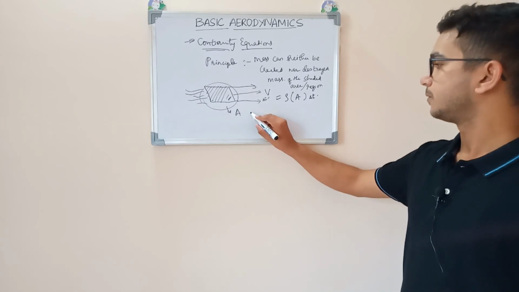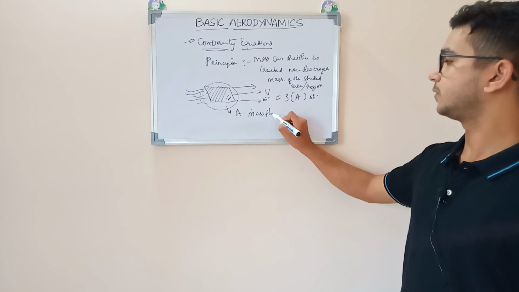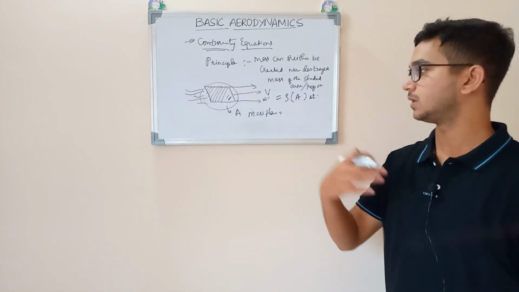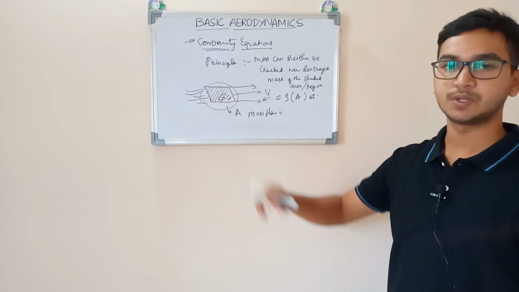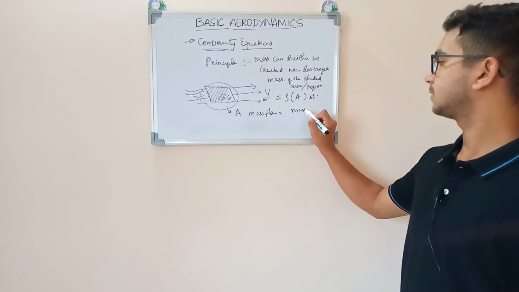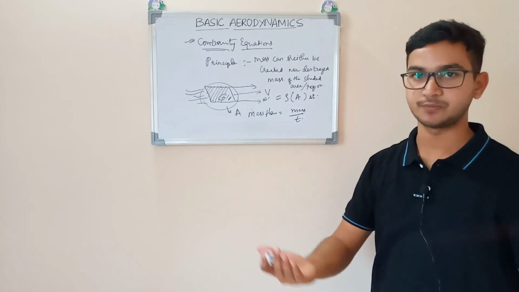And when I talk about the mass flow, how much mass flows on this body, that is nothing but the mass and the rate at which the mass is flowing.